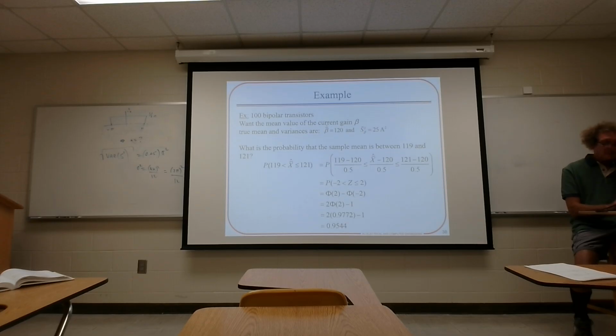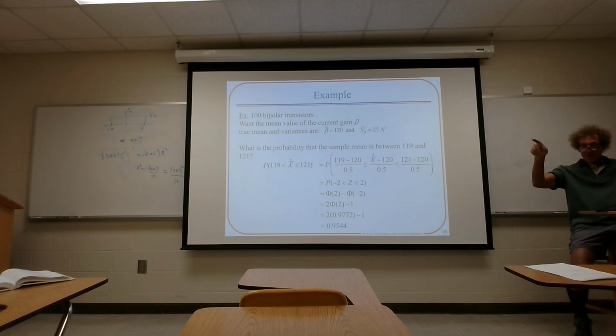Now the upper limit, the mean value, the true mean is 120. So we have 119 minus 120 over 0.5 is going to be the lower limit, and the upper limit is going to be 121 minus 120, or really this is just minus 1 over 0.5, or minus 2 to plus 2 right here.